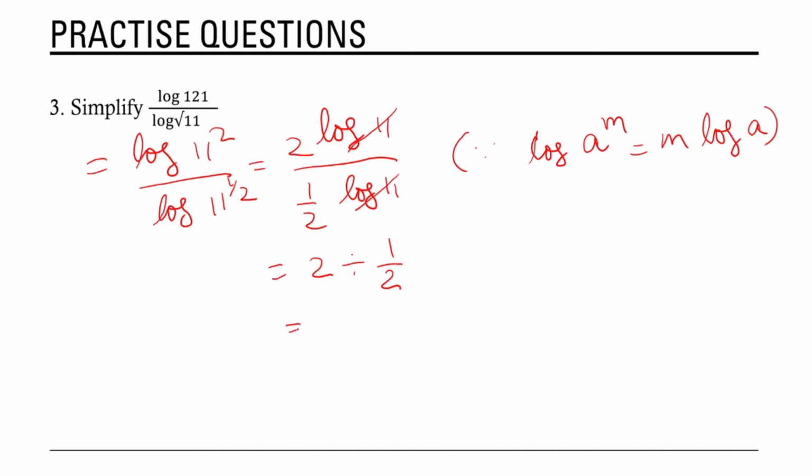If I have to divide by 1 by 2, then I have to write the reciprocal. So 2 divided by 1 by 2 is equal to 2 into 2 divided by 1 is equal to 4. So the value of log 121 by log root 11 is equal to 4.